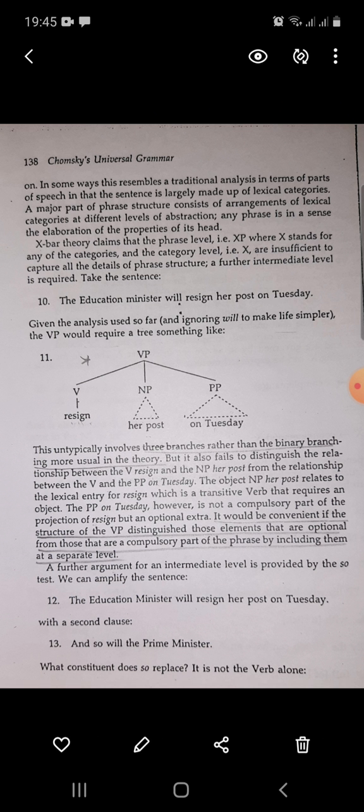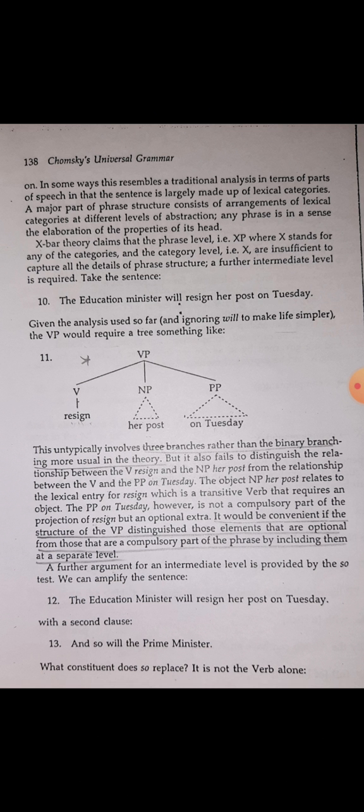So the verb phrase consists of a verb, resign, and a noun phrase, her post, which we are not going to analyze further, and a prepositional phrase, on Tuesday, which we are also not going to analyze, because our discussion doesn't deal with such analysis. We are just focused upon how the other elements, that is her post and on Tuesday, are related to the verb resign.